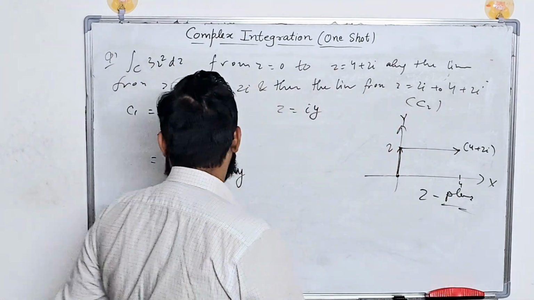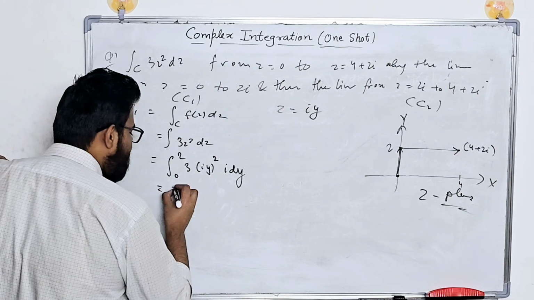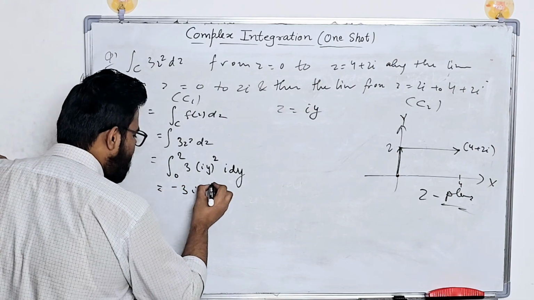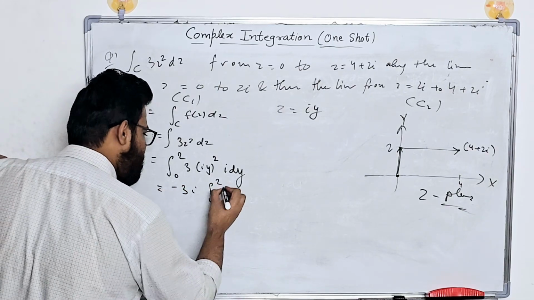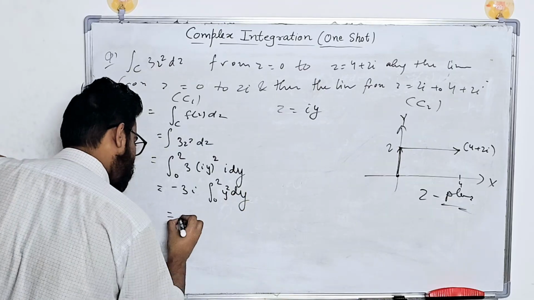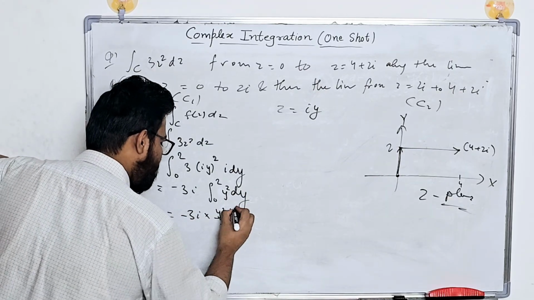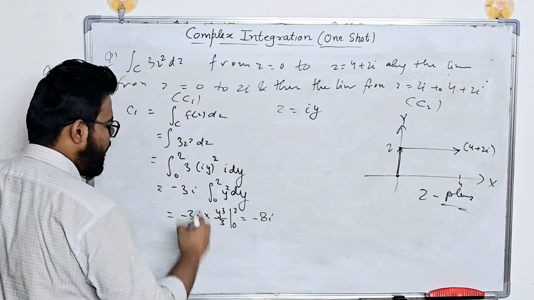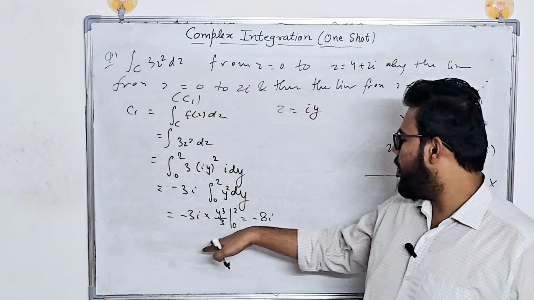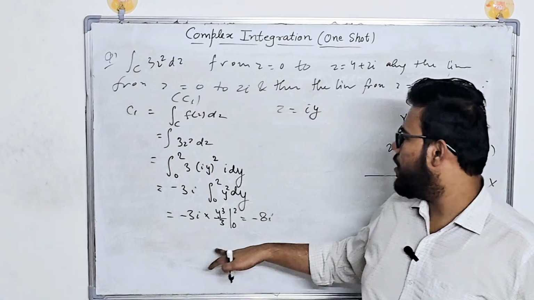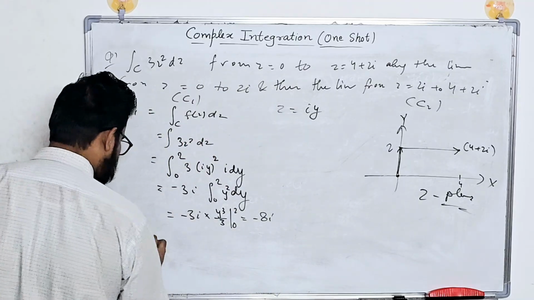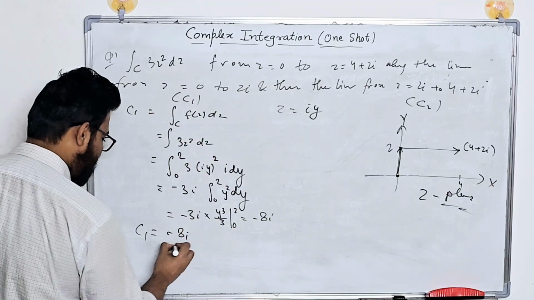That's why. Hence, we have this expression as negative 3i integral 0 to 2 of y squared dy, which is minus 8i, right? So this is the value of the integral for C1, negative 8i, right?